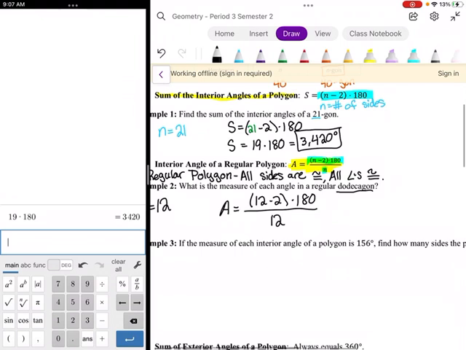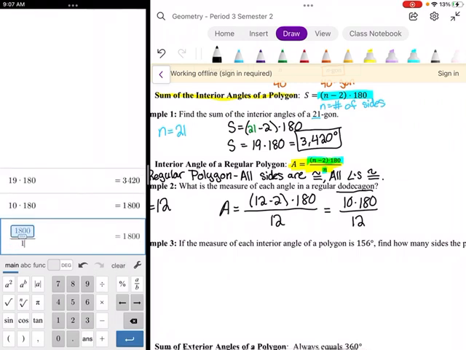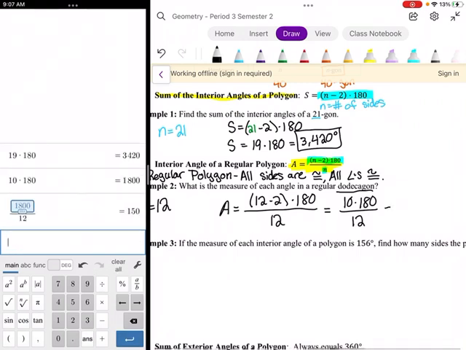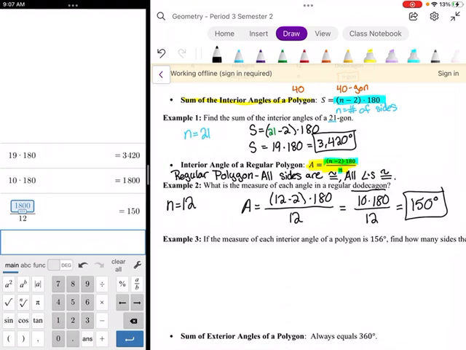So 12 minus 2 is going to be 10 times 180 divided by 12, and we can type that into our calculator. And we're dividing that by 12, and we will get 150 degrees. So this tells us each angle in a regular dodecagon is 150 degrees.